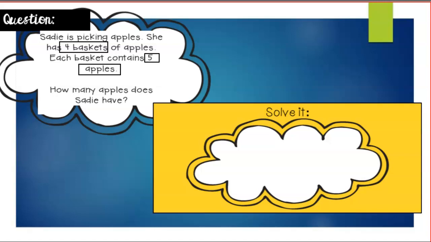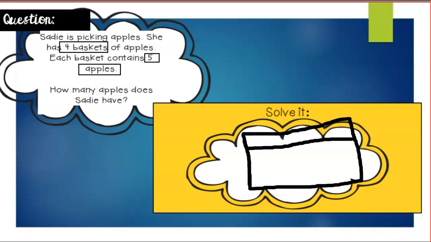All right, so if you're going to do an array, I think a lot of people like to do the array. So let me draw that in the box. And you can solve these the way that you want to. You don't have to do an array. You could use repeated addition or skip counting. I'm going to draw out, and my lines are not all straight. 1, 2, 3, 4.